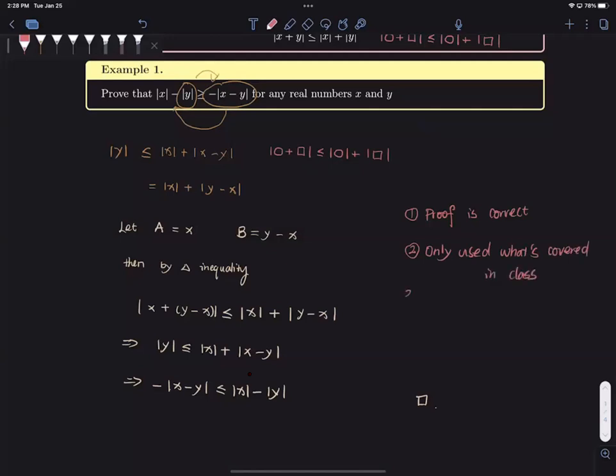And 3, you justified your steps. If your proof satisfies all 3 conditions, then you get 100%. Does that make sense to you?